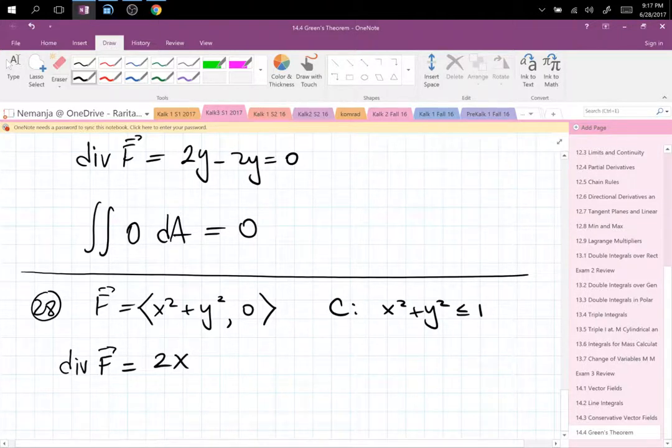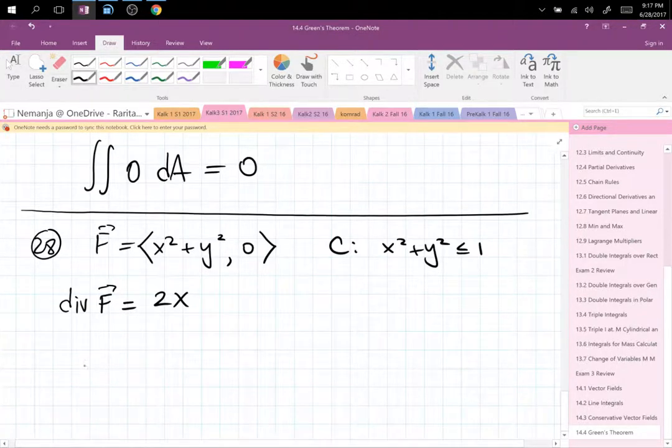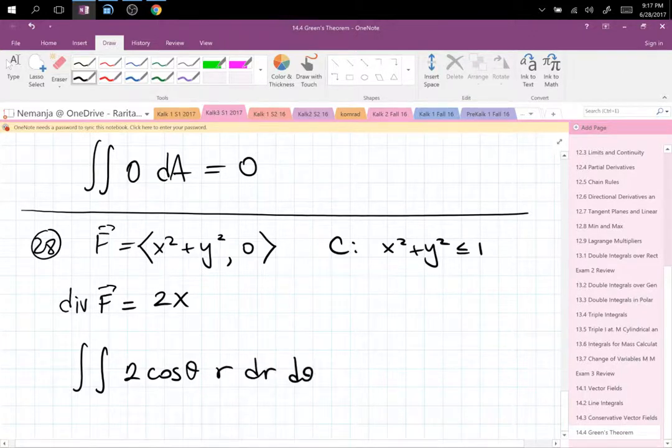Okay. So then what happens? We integrate this. Now remember the integral. What do we have to do? Polar. So this is going to be 2 cosine theta r dr d theta. r goes from 0 to 1, and theta from 0 to 2 pi.